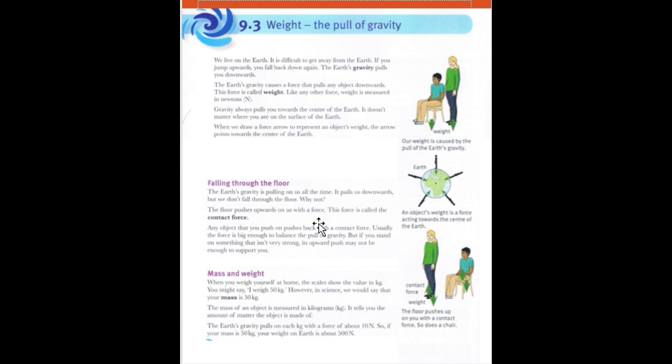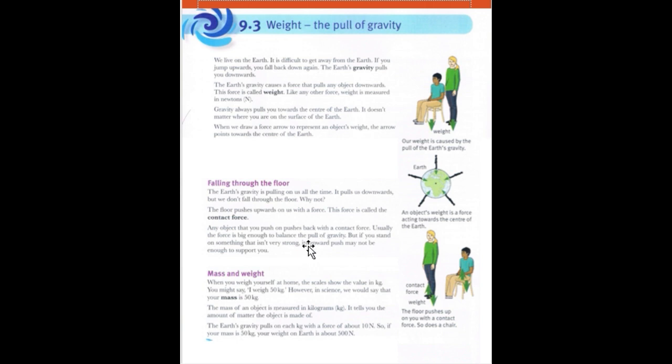Any object that you push on pushes back with contact forces. Usually, the force is big enough to balance the pull of gravity. But if you stand on something that is not very strong, its upward push may not be enough to support you.